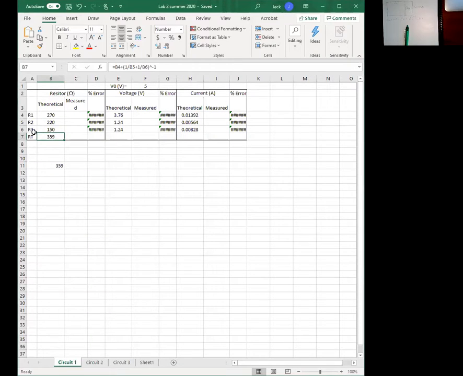So we can go calculate the current. The voltage was 5 at the source. There we go. So they added a 5-volt battery.